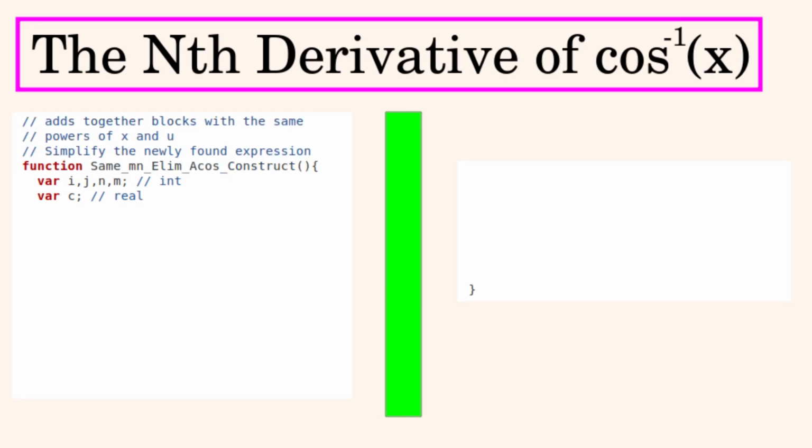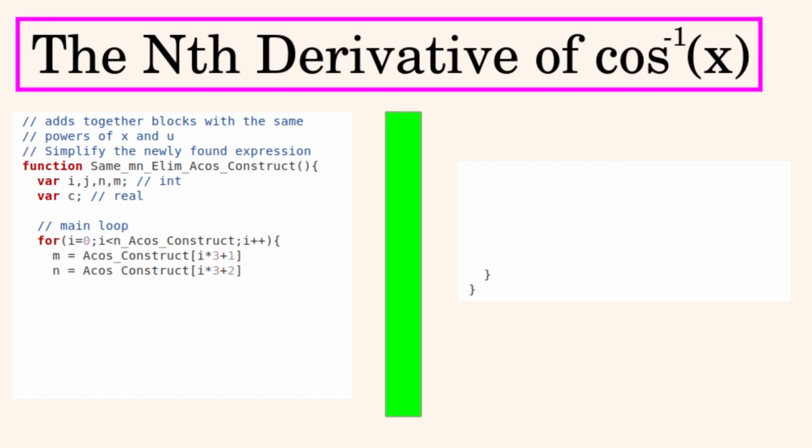So now to simplify this expression the first time by gathering like terms together, that is, terms with the same powers of x and u, which means that the values of m and n must be the same. So we'll make up the main loop to go through all of the terms in the construction array. We'll get the values of m and n for this current term that we're looking at. Then we'll make a second loop to look at all of the terms that are ahead of it.